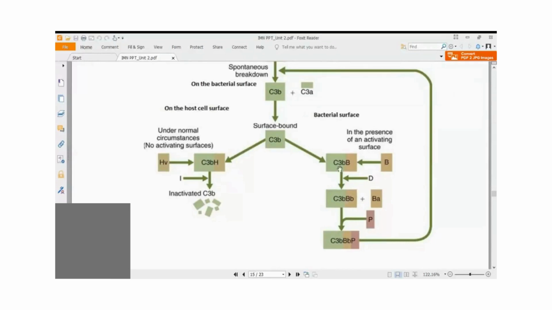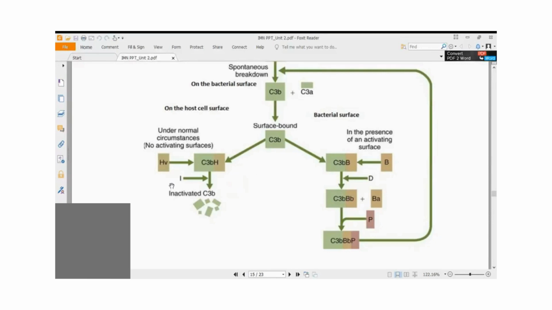Second, when C3b is bound to the bacterial surface, it is recognized by the macrophage, and macrophage has the C3b receptor. It comes and binds to that bacteria at the C3b position and engulfs the bacteria, and endocytosis of the bacteria results in killing of the bacteria in the macrophage cytoplasm.